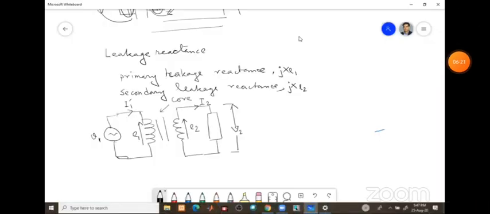Whenever we connect some load at the secondary side, we get V2 as a terminal voltage. Then we won't get E2; we can measure only V2 if the load is connected. If there is no load, then V2 and E2 are equal.